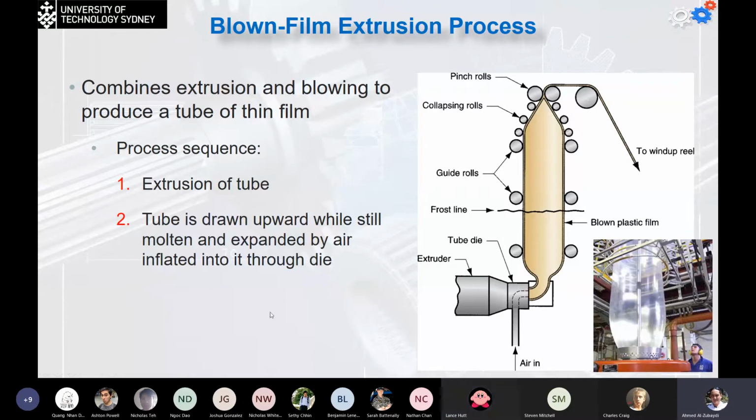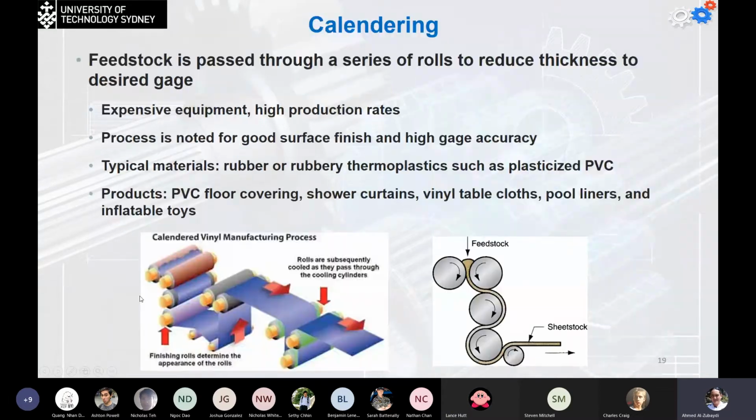The other process is going to be calendering. Calendering is something like rolling for plastic. Again, we have the feedstock quite viscous, but not liquid. It's passed through a series of rolls to reduce the thickness to the desired gauge. This process has very expensive equipment and a higher production rate.